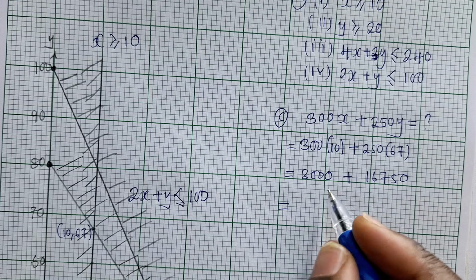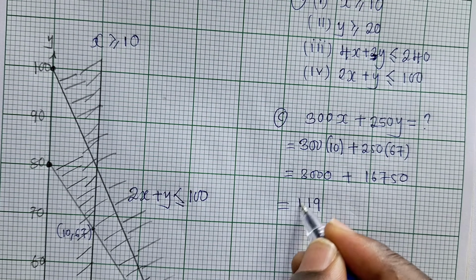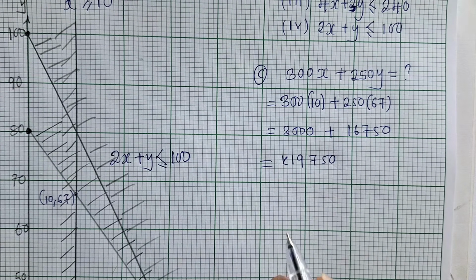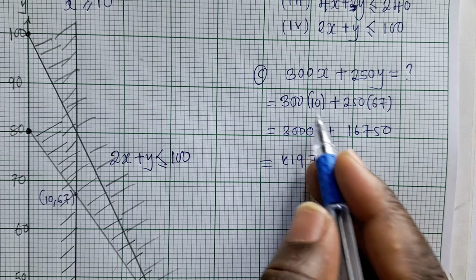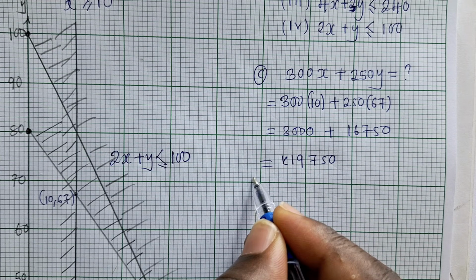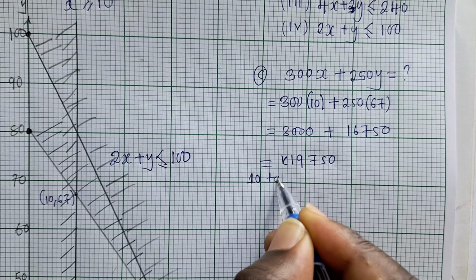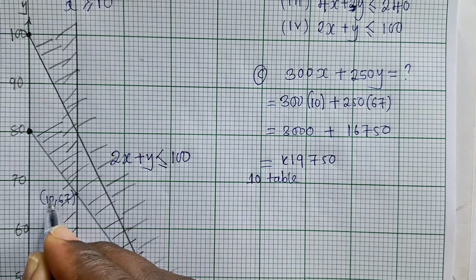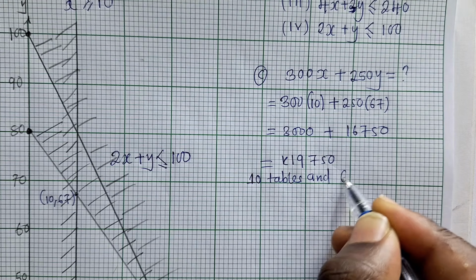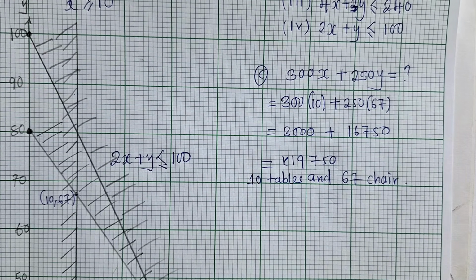When we add, we get 19,750. So this is the one giving us the maximum profit. Here we get 10 tables and 67 chairs will give us the maximum profit.